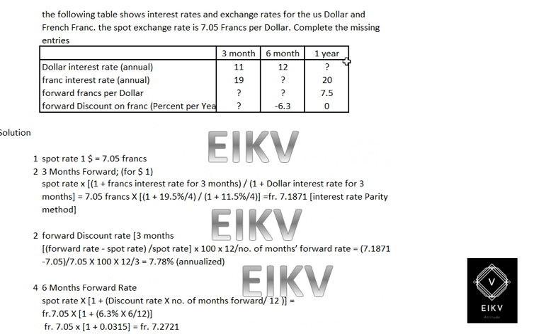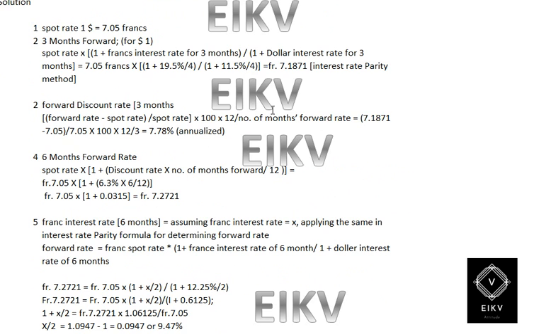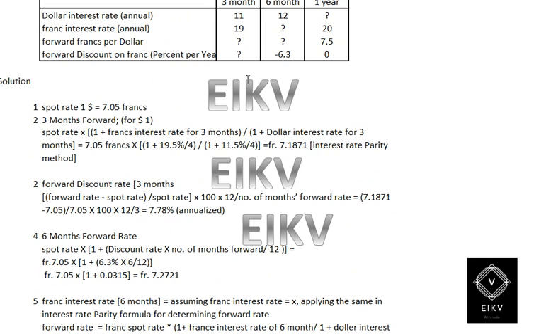So here we need to fill in 7.18 for 1 year. So forward France per dollar it would be 7.18 over here.